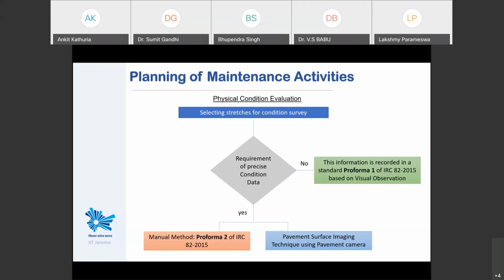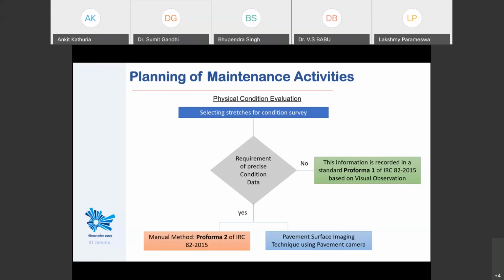If the requirement of precise condition data is yes, then there are two ways to do it. One is by Proforma 2, which is a manual method, but in this manual method you have to get down from your car and measure the length and breadth of the patches or the potholes and the different distress conditions on your pavement.